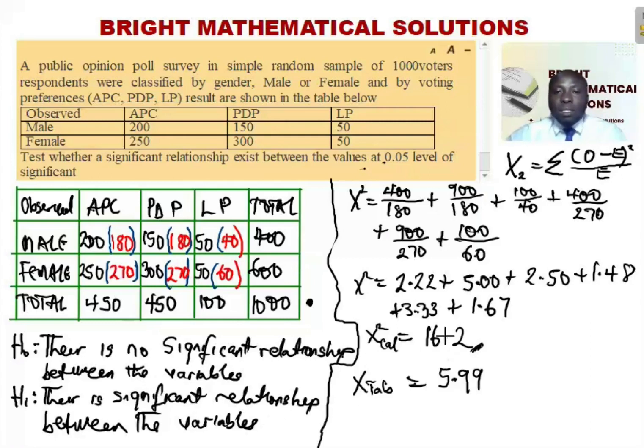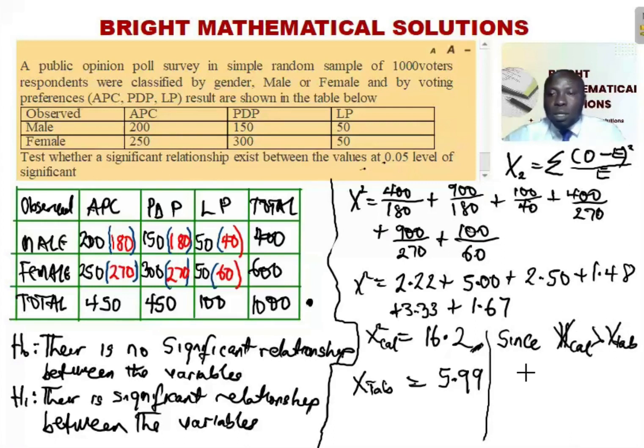But in this case, since x calculated is greater than x tabulated, that is 16.2 is greater than 5.99, we accept the H0.